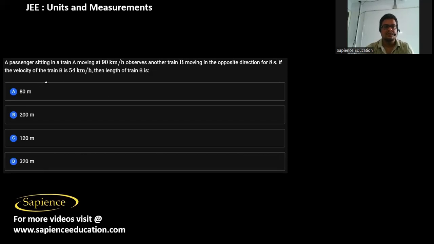Then here it is told a passenger sitting in train A moving at 90 km per hour observes the train B moving in the opposite direction for 8 seconds. If the velocity of the train B is 54 km per hour, the length of the train B is, so the train A is moving at a speed of 90 km per hour, that is 90 into 5 by 18.